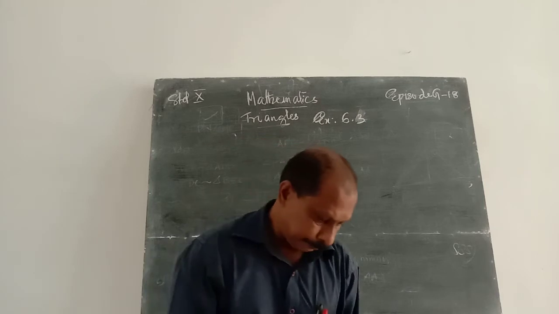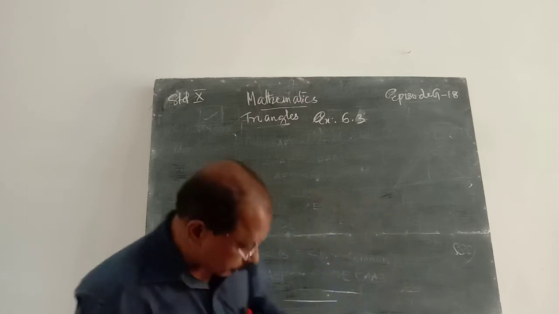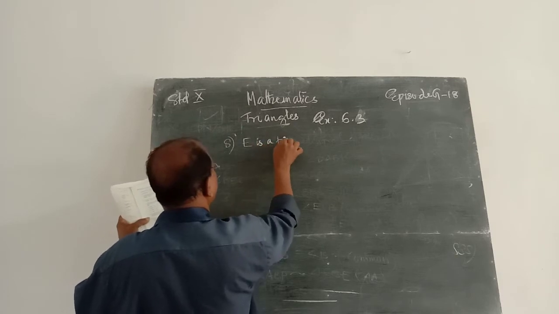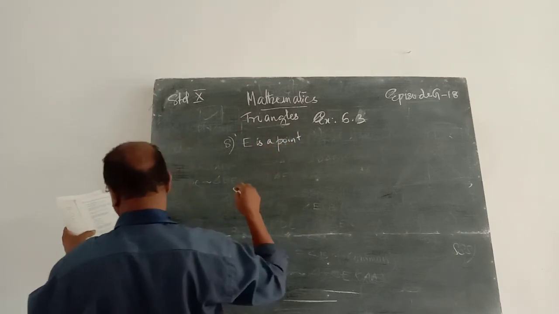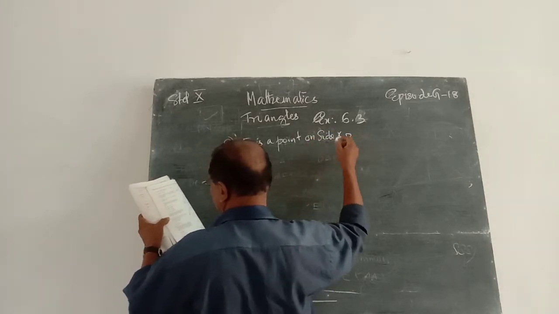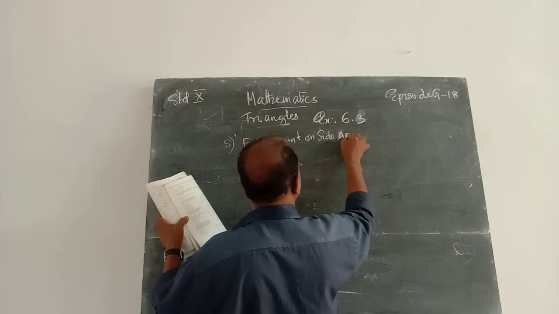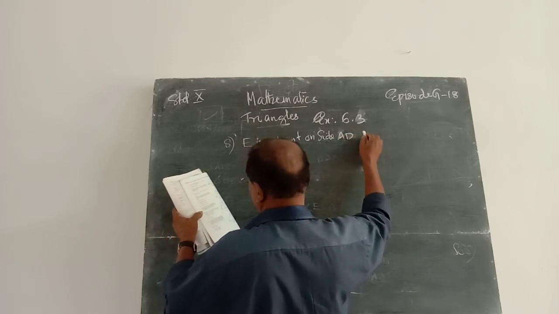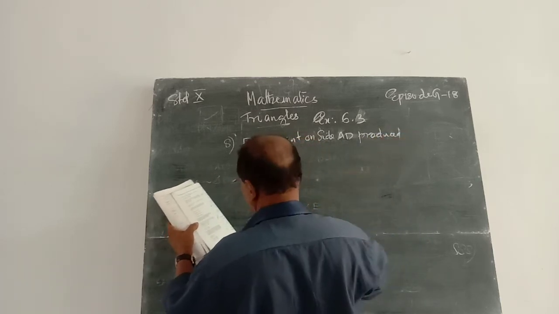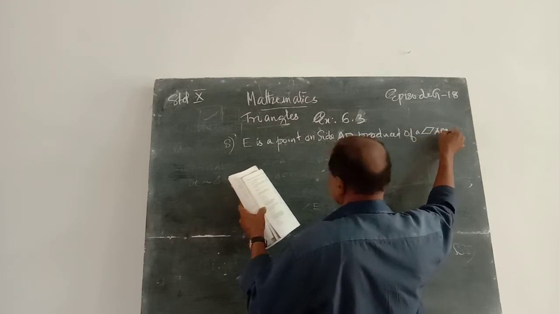The next question. Question number 8. E is a point on side AD produced of a parallelogram ABCD.